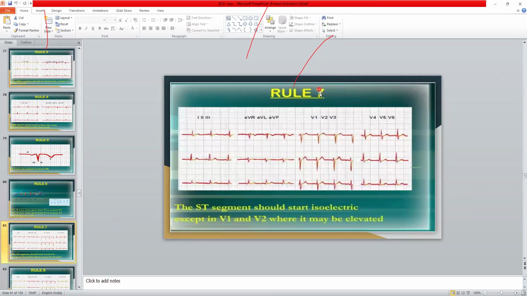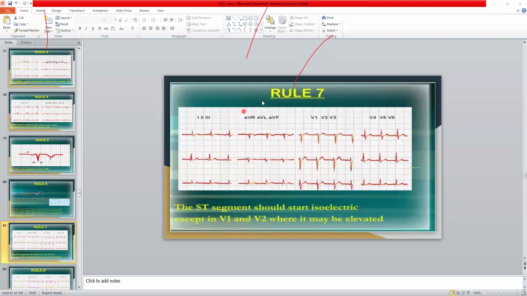Coming to rule 7, the ST segment, that is between the end of the QRS complex and the beginning of the T wave, should be isoelectric except in V1 and V2 where it may be elevated.